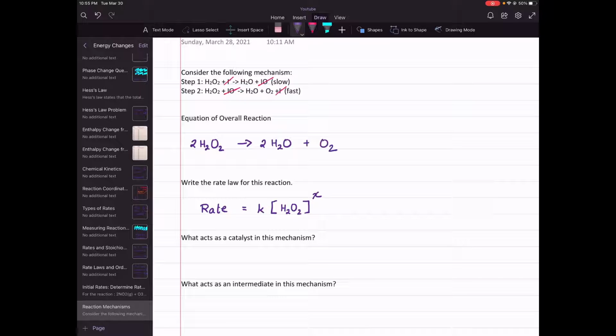Only from the elementary step can you decide what the exponent for the H2O2 is going to be. So the H2O2's exponent is based on the elementary step, not the overall reaction.